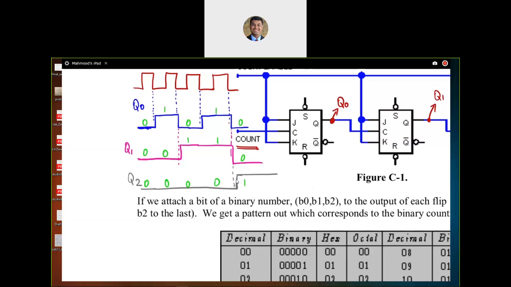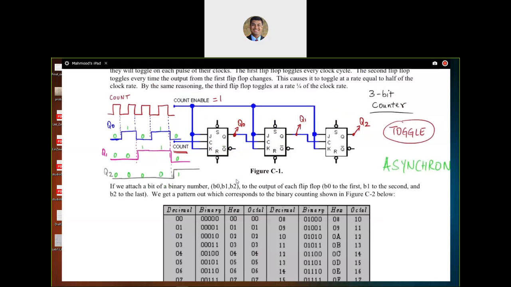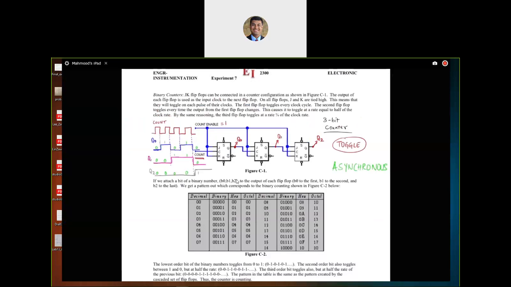So instead of going from 0 to 1, it might actually go from 0 to 2 to 3 to 1. So in a very short duration, it might switch a few states because the response is slow, because they are not synced with the same count signal. So transition counts are a disadvantage of having counters set up this way.